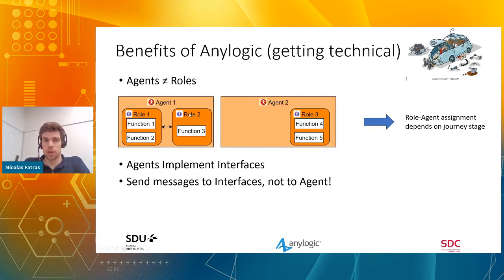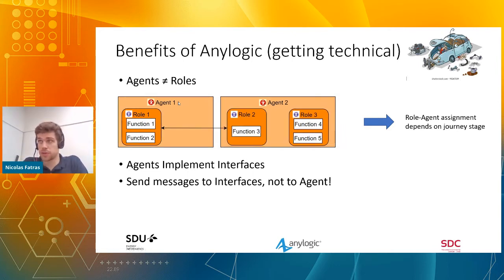So for example, at the beginning, you could expect the supplier to be bidding for you in the market. So this role will be applied to the agent. While in a future business model, agent 2 being the industrial consumer will bid himself directly into the market. And so instead of having to redefine the agents every time, you can just reassign which roles the agent implements.